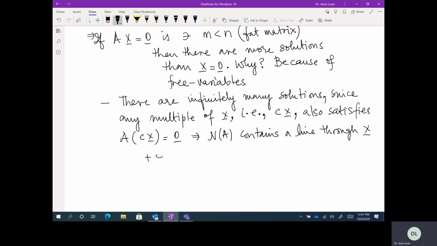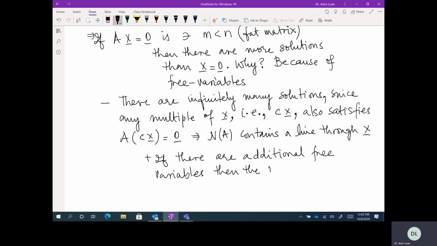And if there are additional free variables, which is the case in this example, then the null space becomes more than just a line in n-dimensional space.